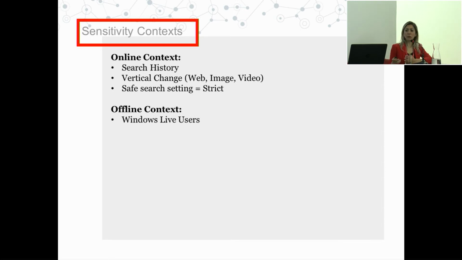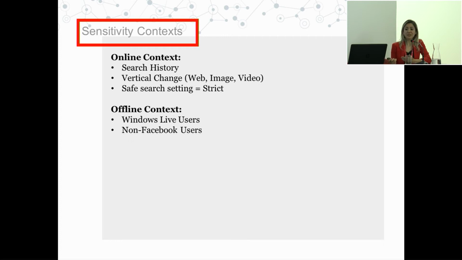And when we go to offline context, we found that users who submit their queries from Windows Live services seem to be more keen on deleting and managing their data than users who access the search engine from their Facebook account.